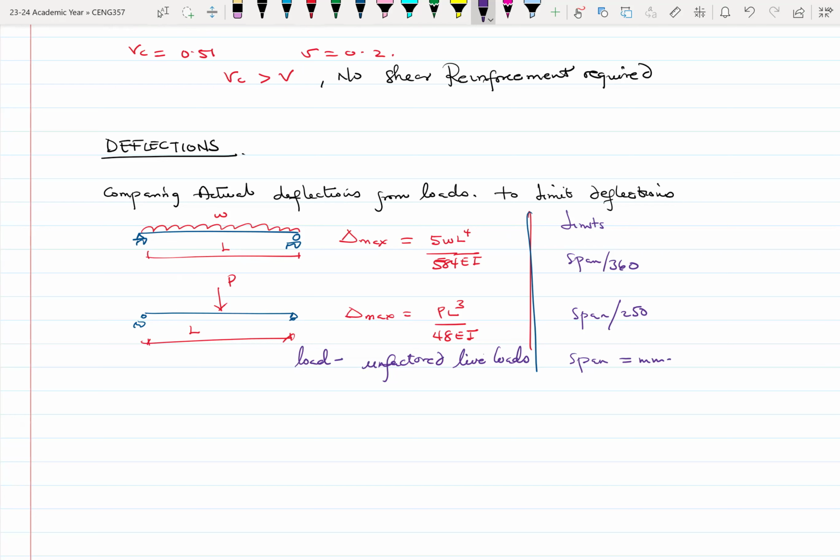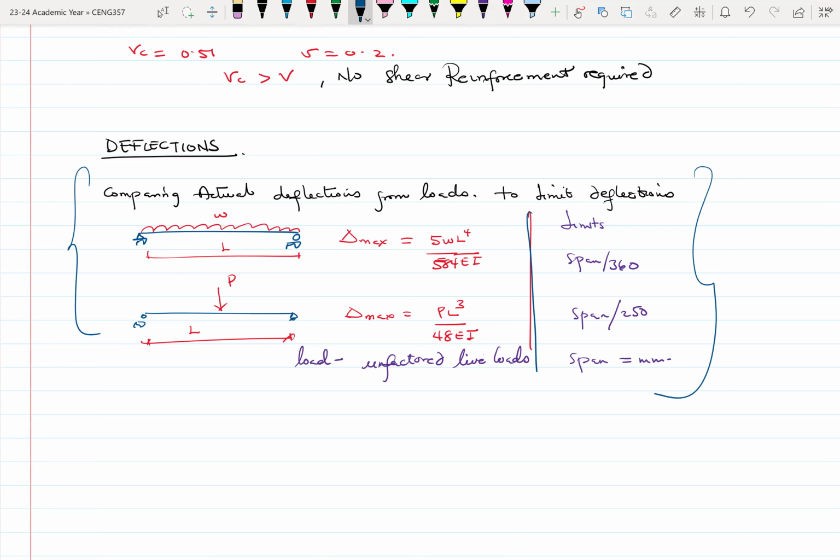Okay. We need to maintain that. Either we use that 4 for the slab, or as we were designing a beam, we would have converted that area load into a UDL or line load and use it, but it will not be multiplied by the 1.6, and it's only going to be the live load or the imposed load. Okay. So that's something to take note of when looking at deflections.